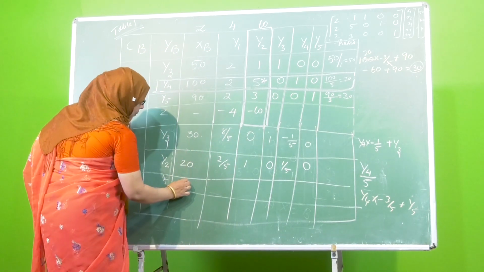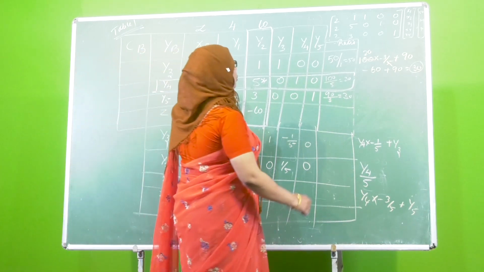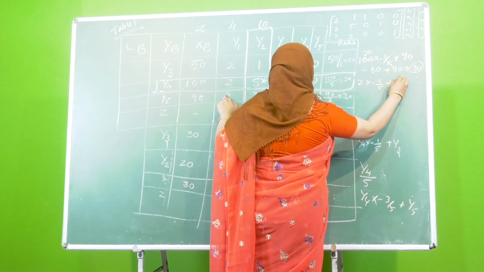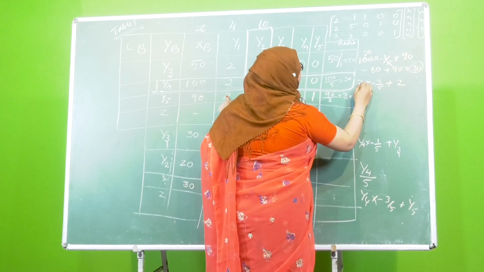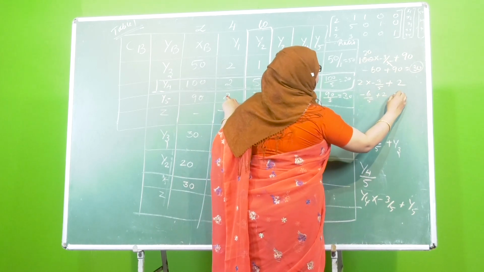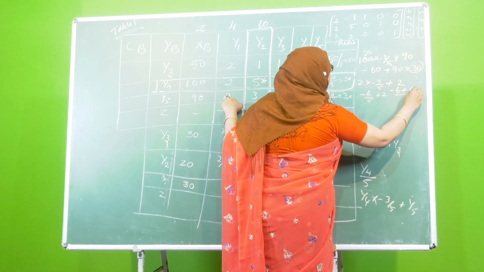So what is the element? 30 here also. And 2 into minus 3 by 5 plus 2. So minus 2 3s are 6 by 5 plus 2. So LCM 5, minus 6 plus 5 2s are 10.